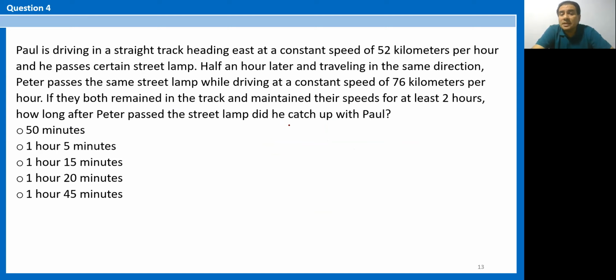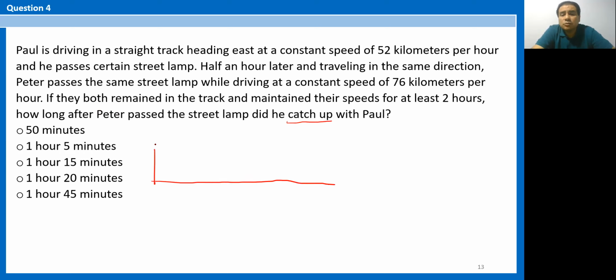Well, this key expression in the question reveals the problem is about the time of catch-up for two mobile objects in motion, right, with one going in pursuit of the other. So, let's graph this. We have here this situation.